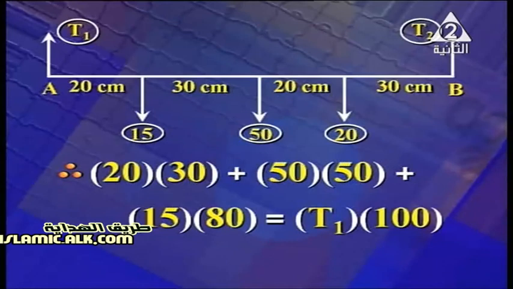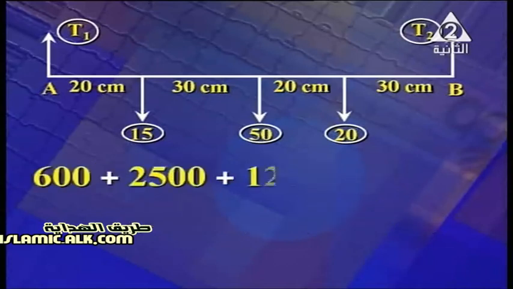Therefore, we multiply 20 times 30, the distance between 20 and B, plus 50, the weight of the rod, times 50 centimeter, plus 15, the second weight, times 80, the distance between 15 Newton and B, equals T1 times 100. By simplifying, dear student, we find T1.